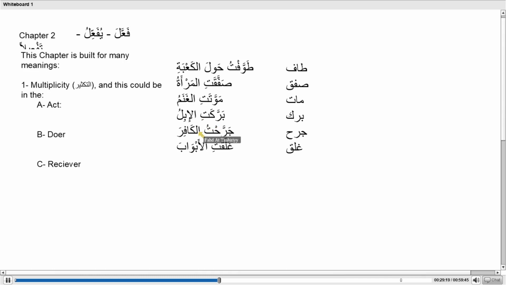جرحت الكافرة. Where is the multiplicity shown here? In the receiver, or not? Someone says the doer. Don't be a follower.